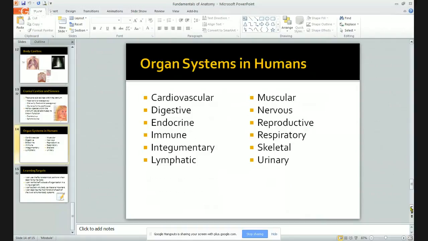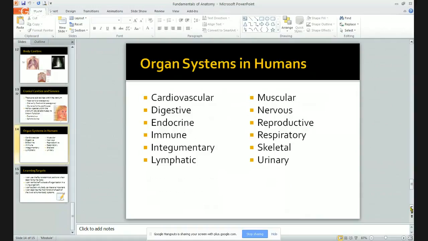You've got your cardiovascular system. This is going to be responsible for your heart and moving blood throughout your body. So cardio implies your heart. Vascular means blood or tissues. So it makes sense that it's your blood and your heart moving the blood around your body.